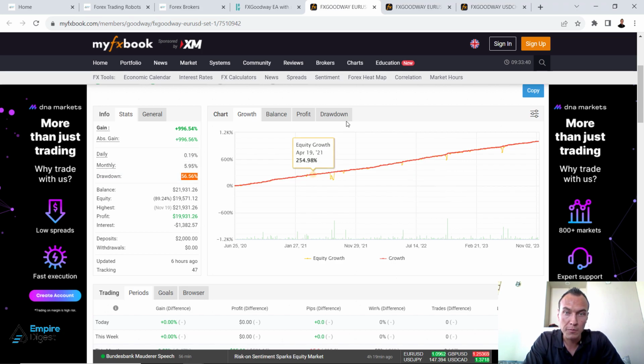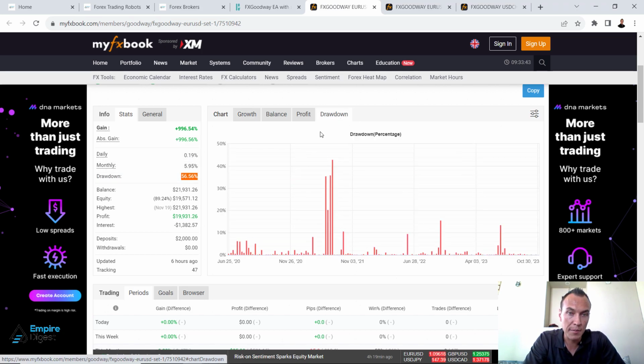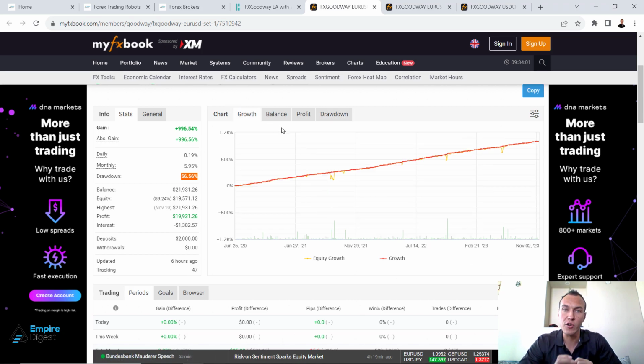Now, on the drawdown, clicking on the drawdown tab, we can see that within this time period, which was the year 2021, that's where it was quite a rather high amount of drawdown percentage, and then all of a sudden it started coming down to 15%, here's 13%. So what does drawdown mean? Drawdown is basically risk.